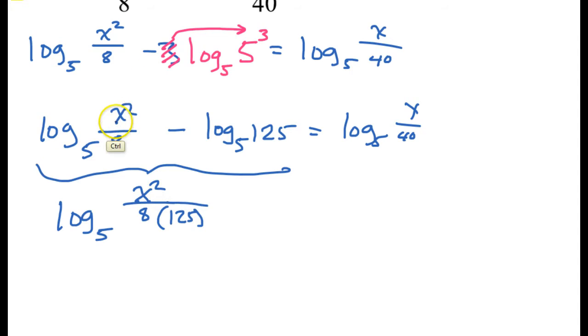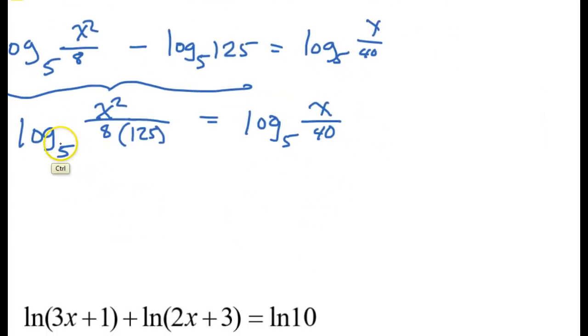So x squared over 8 divided by 125 is just x squared over 8 times 125. Just put the thing you're dividing by in the denominator. So this will equal log base 5 of x over 40.